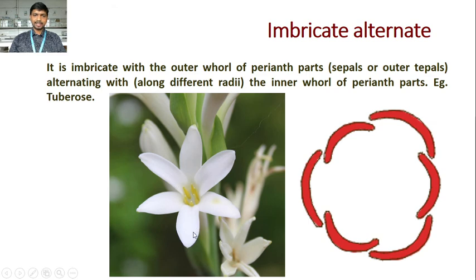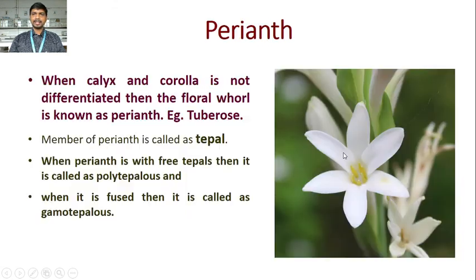These 1, 2, 3 are the inner tepals, forming the inner row. So there are two rows occurring in an alternating fashion: the outer row alternating with the inner row, again and again. So this is about the imbricate alternate.